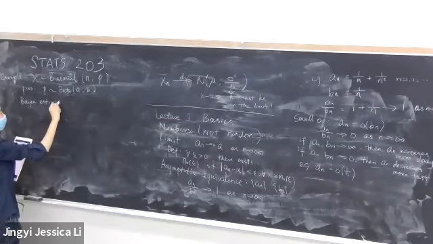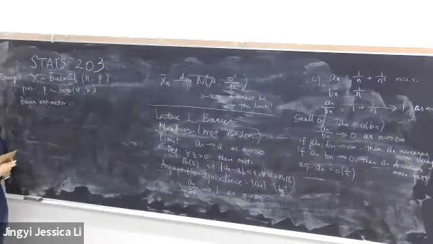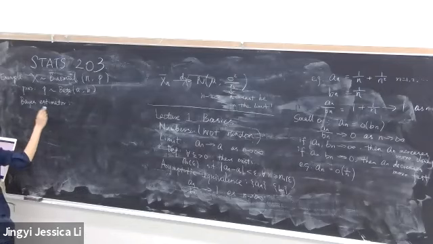Does anyone here know what a Bayes estimator is? Have you learned this from some other classes? Probably yes, I think. Just as a recap, the Bayes estimator is just the minimizer.